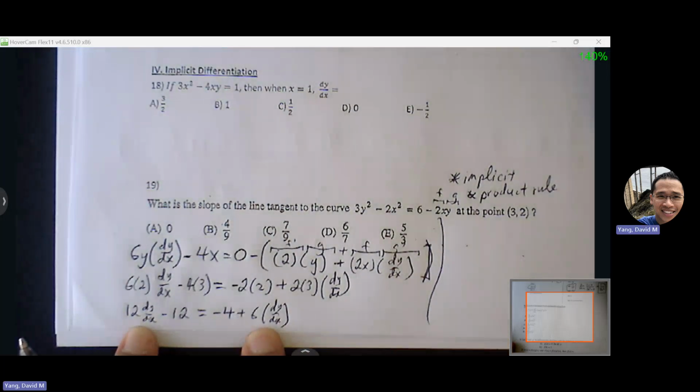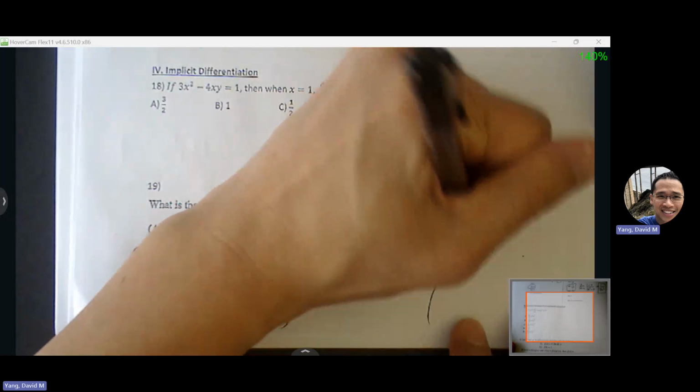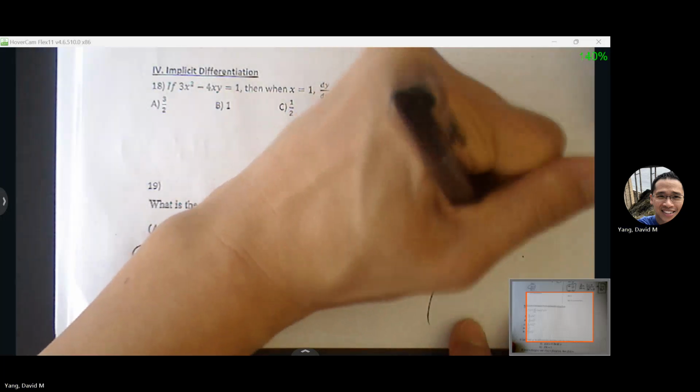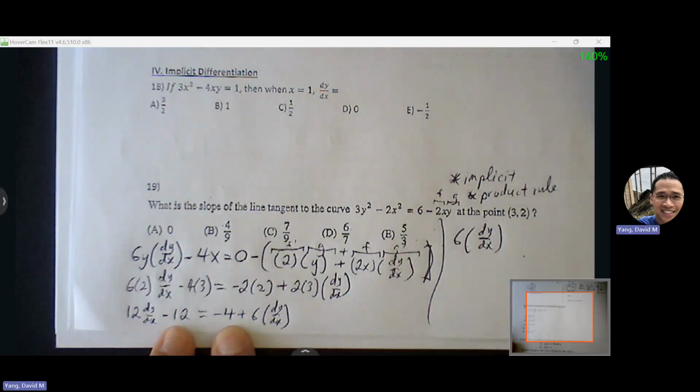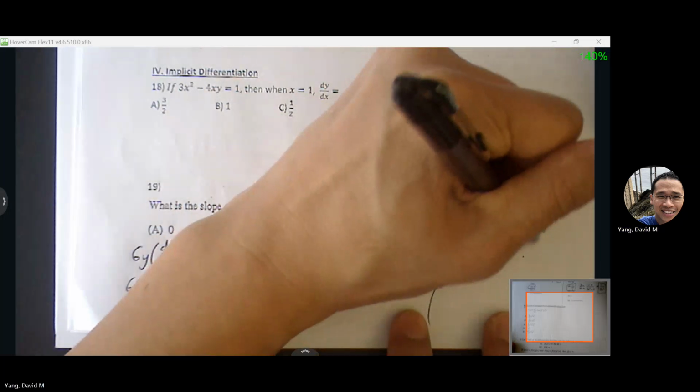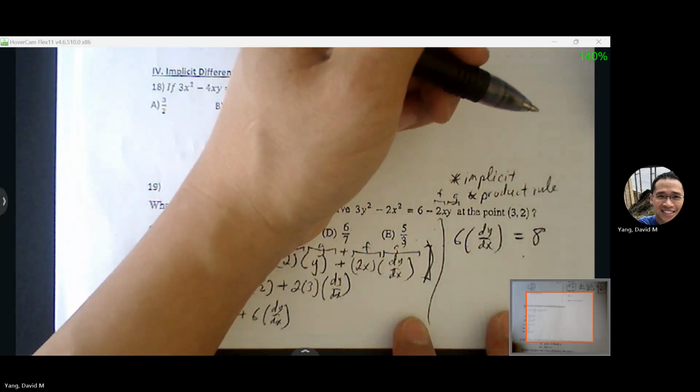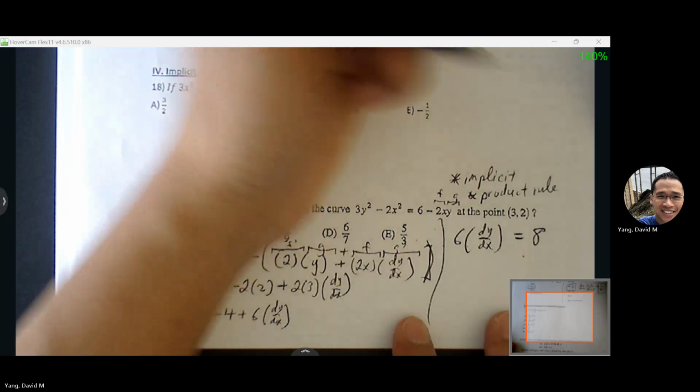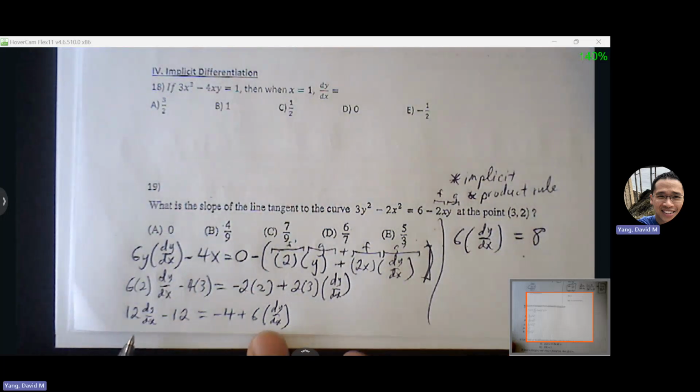Combine like terms together, 12 minus 6 is 6. Negative 4 plus 12 is 8. Oops, I think I messed up along the way here.